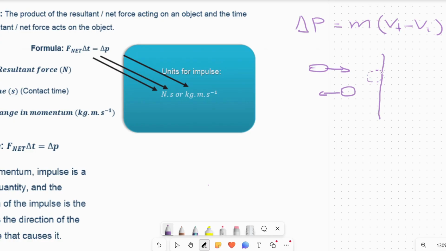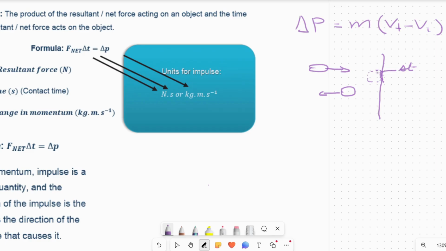During that collision moment, the ball and the wall are in contact with one another. Remember, a force is a push or pull. A force cannot act on an object without touching it. So a force is acting on that object during this moment here. In that moment, there is a time taken for the force to act on this object.